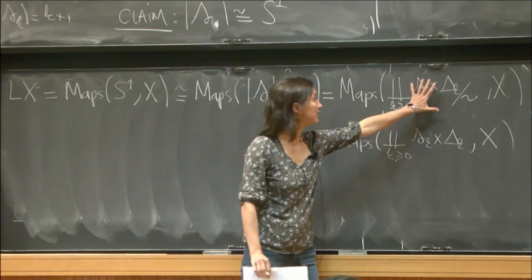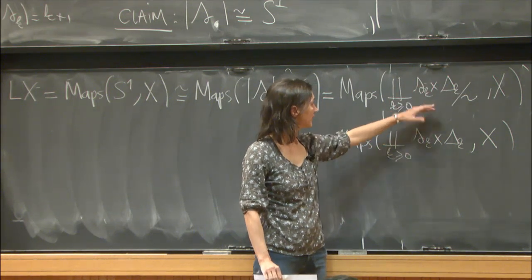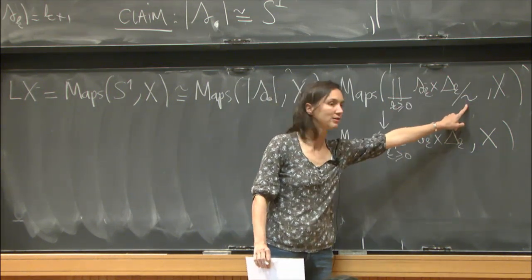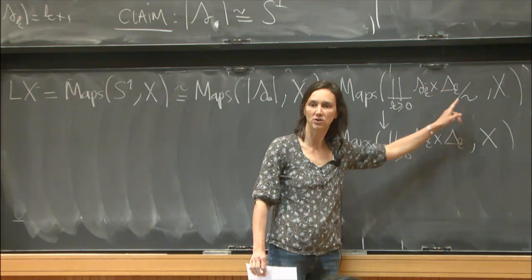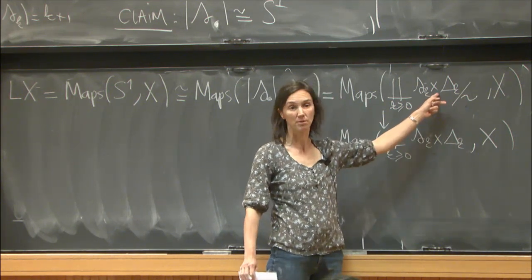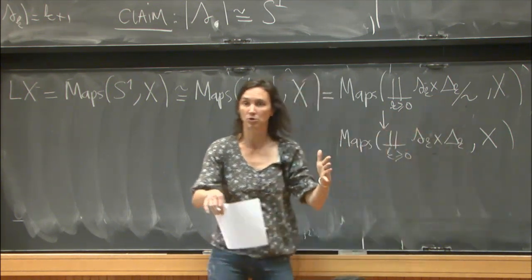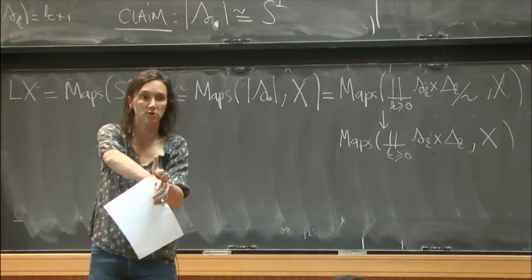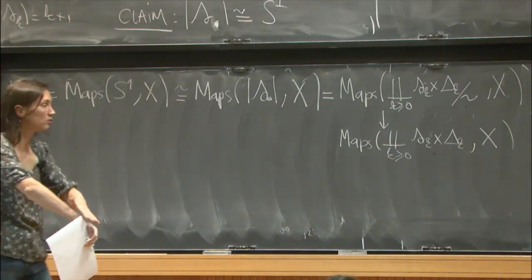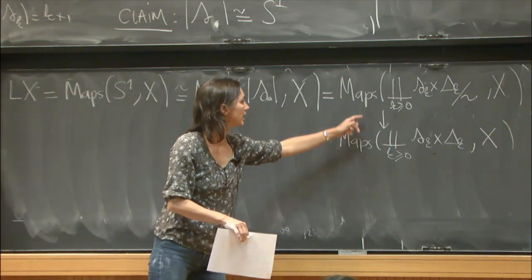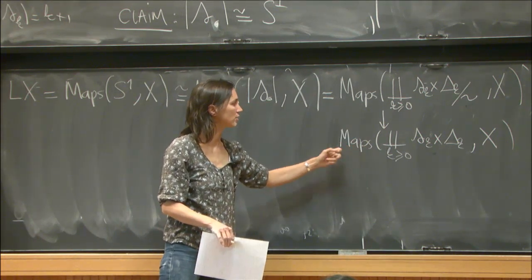If I have a map from this thing, it's exactly saying that I have a map from this thing, but they satisfy some relations. Okay? It's not every map here that restricts to a map there, because this has some condition. The map has to be the same on some things that I glued. Okay? So we forget about this.